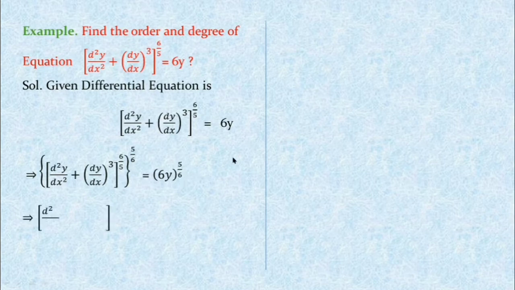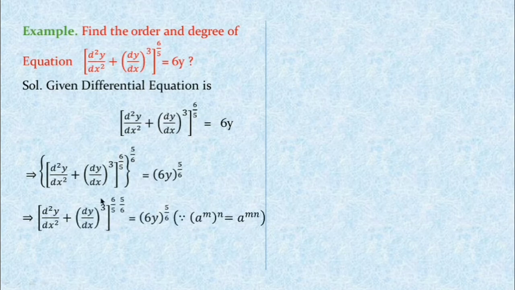Now what will we get? 6/5 into 5/6, using the formula (a^m)^n = a^(mn), is equal to m into n. So we can cancel this 6 and 6, 5 and 5. So we get the equation like this.